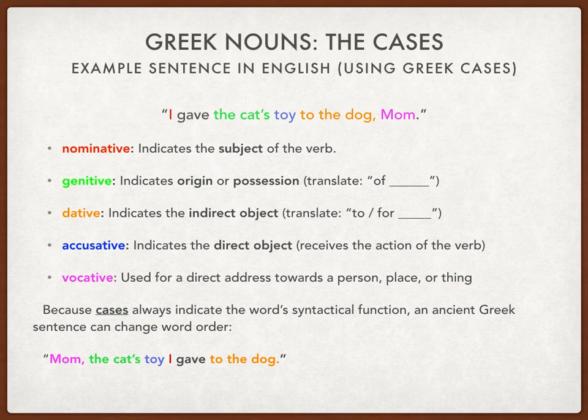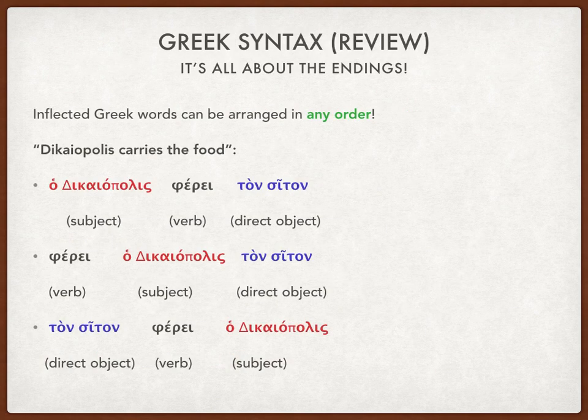I know I gave it to the dog because he's in the dative, he's orange, and I'm talking to my mom because she's in the vocative case. So I can still piece the sentence together in ancient Greek by knowing what cases the words are in. Which is why, like last time when we looked at the sentence, Dicaiopoulos carries the food, it doesn't really matter what order I put those words in. As long as they stay in the right case, I can still read the sentence and translate it the same way.